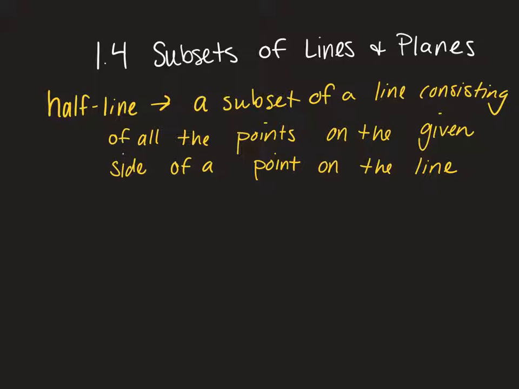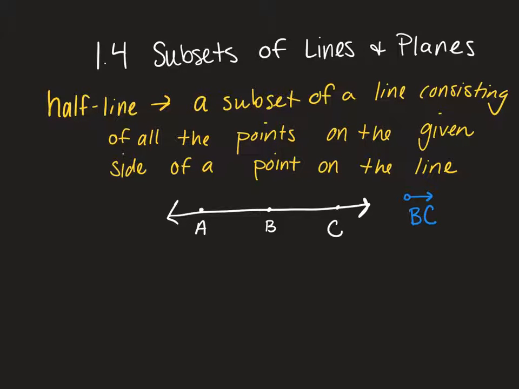So a half line is a subset of a line consisting of all of the points on the given side of a point on the line. So if we have a line here, let's say we have line A, B, C. So the notation for half line is like BC, and it's got an open circle arrow going to the right.